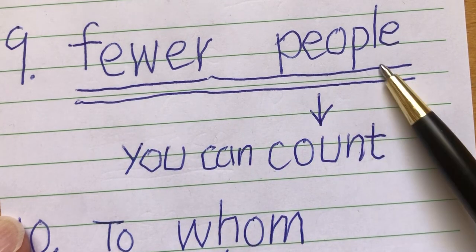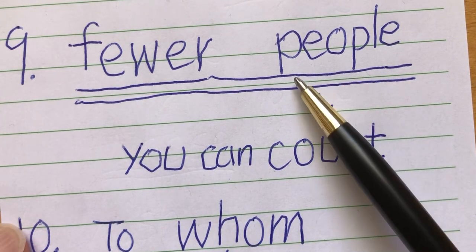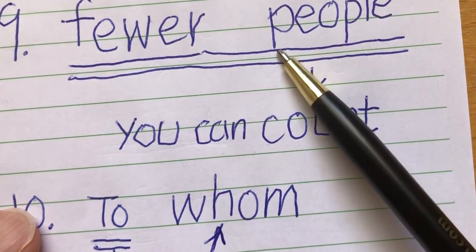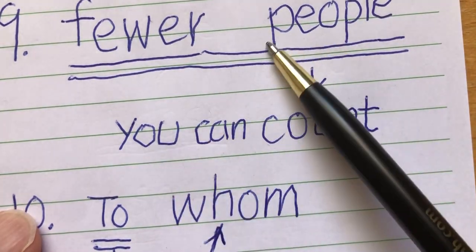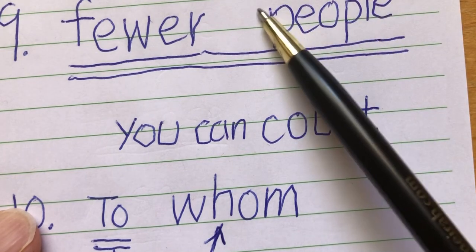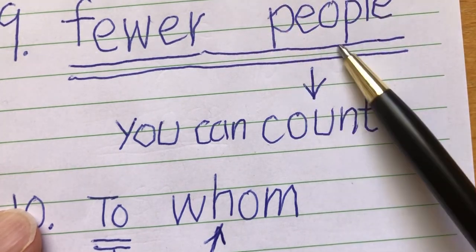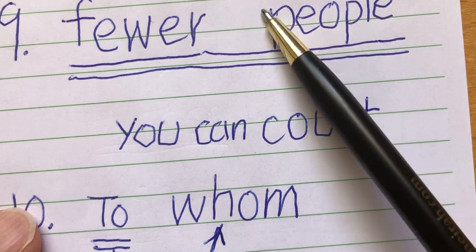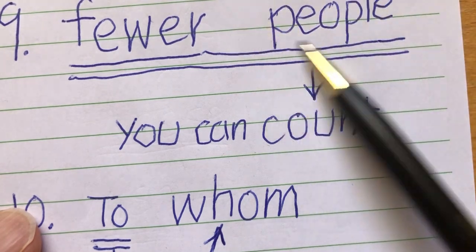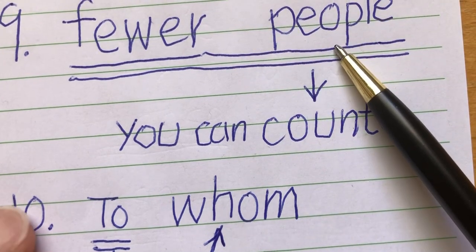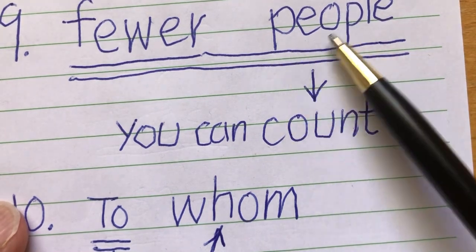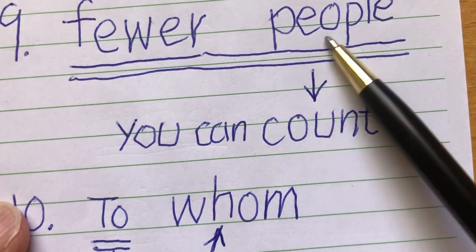The word people tells you that you can count how many people. If this word is countable, you can count how many people, or 5 people, or 6 people, 10 people.